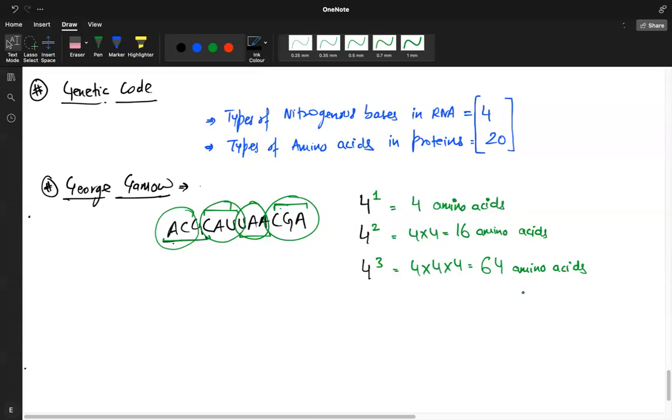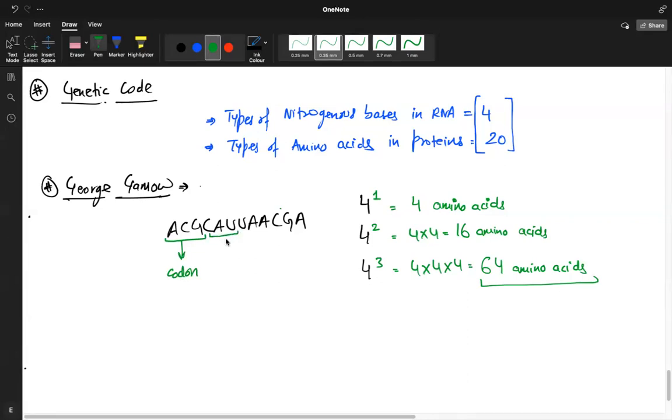Now the next question was, what happens to 64 codes then? So it will generate 64 codons. So we call each of it, let me erase this, ACG is called one codon.